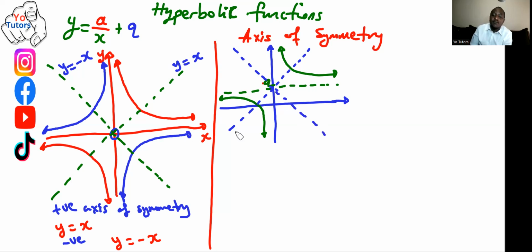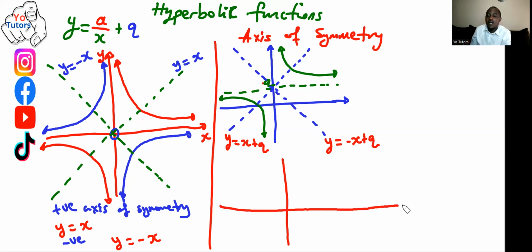The positive one is y equals x plus q, and the negative one is y equals negative x plus q. Okay, so for example, let's talk of the graph of maybe y like that.